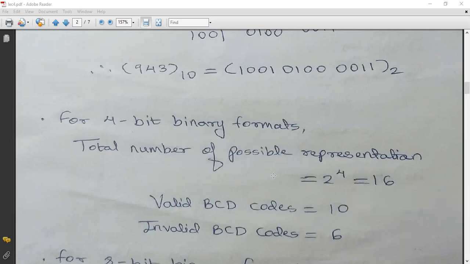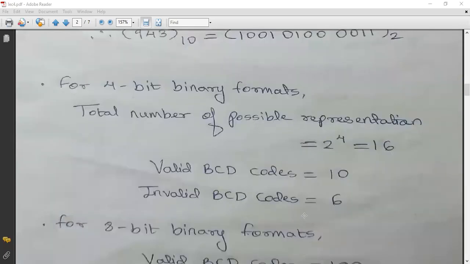But BCD code includes only the numbers 0 to 9. 0 to 9 means we got 10 valid BCD codes, and since we have 16 representations, the remaining 6 representations will be invalid BCD codes.